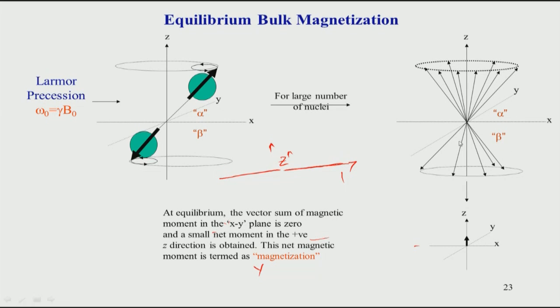You manipulate the population by applying some radio frequency energy, and based on that manipulation the magnetization vector will either be positive, 0 or negative, or it can come in any other direction. So, we will see in the next class how this magnetization vector is manipulated and how NMR data is recorded.